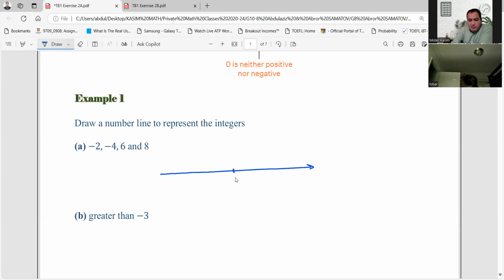Let me label this one as 0, not to get confused. So what is 6 and 8? 6 and 8 are positive numbers, right? If 6 is here, then 8 should be somewhere here, to the right of 6, because as you move to the right, numbers increase. And how about negative 2? 1, 2, negative 2 is here. 3, 4, negative 4 is here. So these are the numbers on the number line, right?